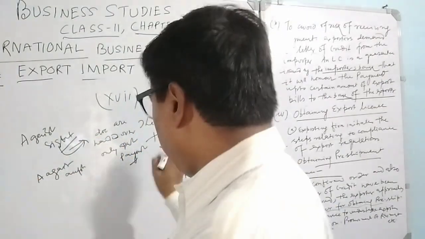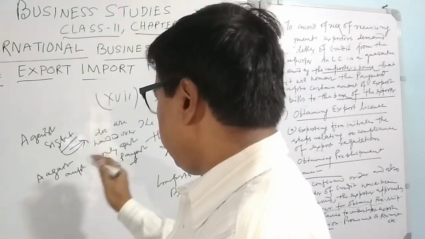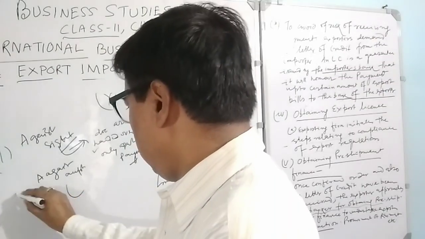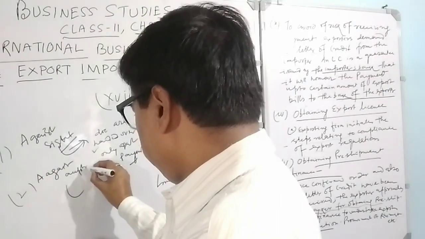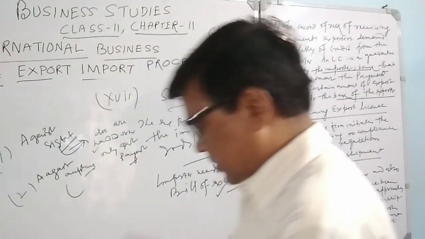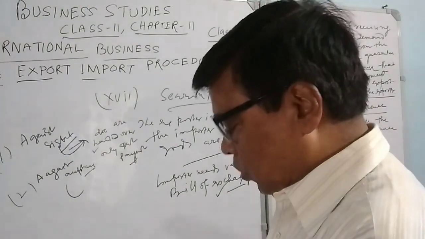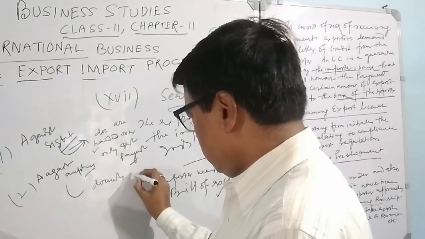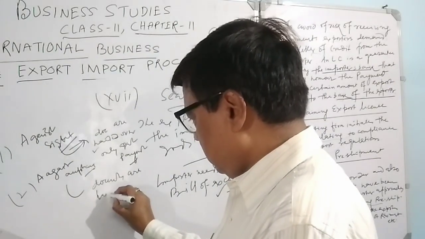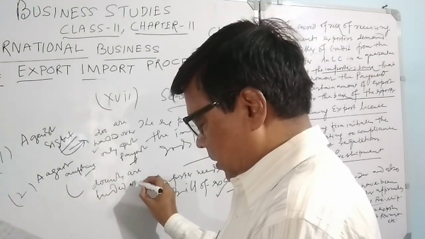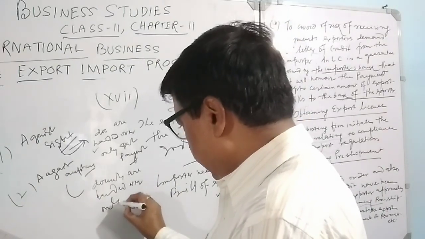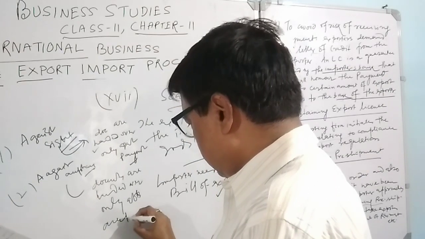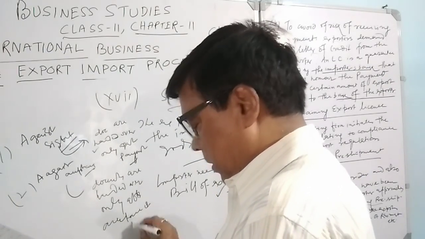Once you receive the payment, the documents are given. And if it is against acceptance, what do you have to do? Documents are handed over only after acceptance of the bill of exchange.